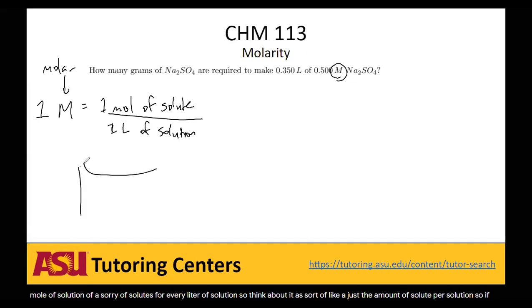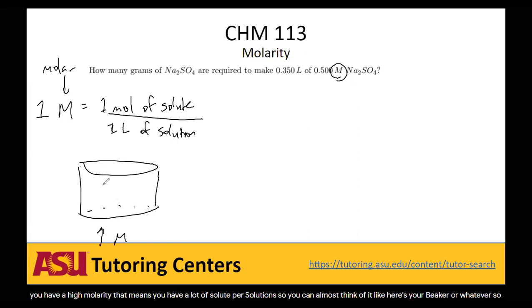So you can almost think of it like, here's your beaker. If you have high molarity, think about all of the little particles of solute, a ton of it, just hanging out inside of your solution. Not always visible, depending on what your solute is. It can be really fine, really small.